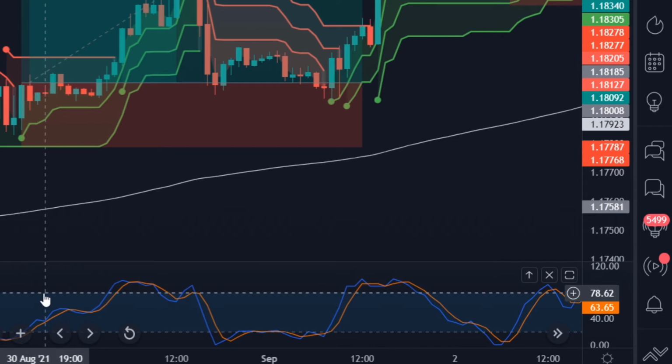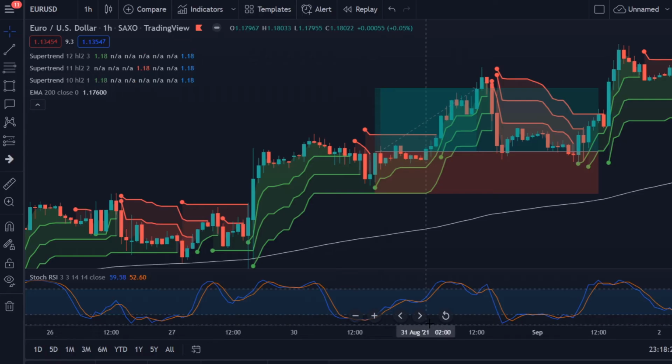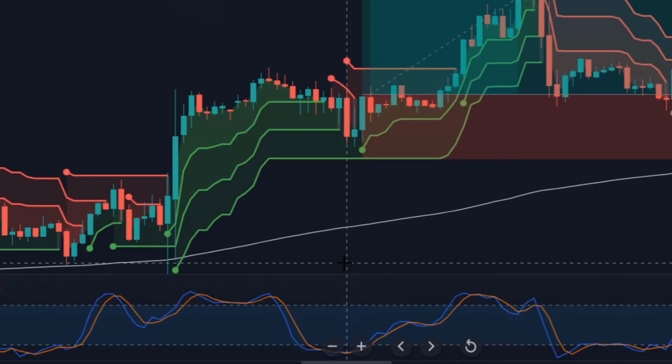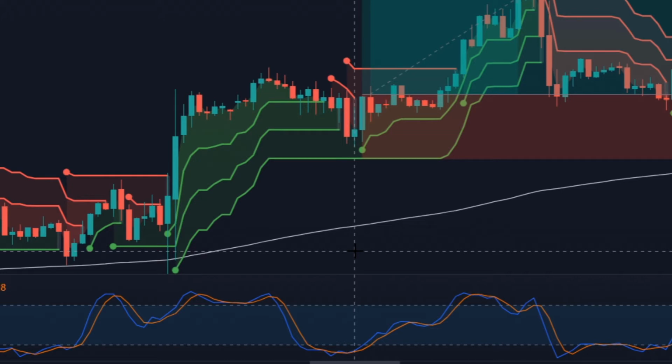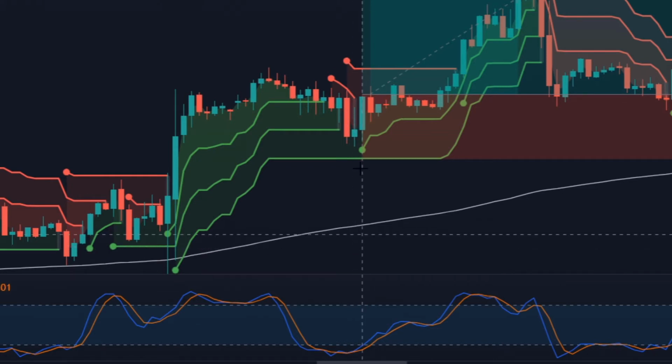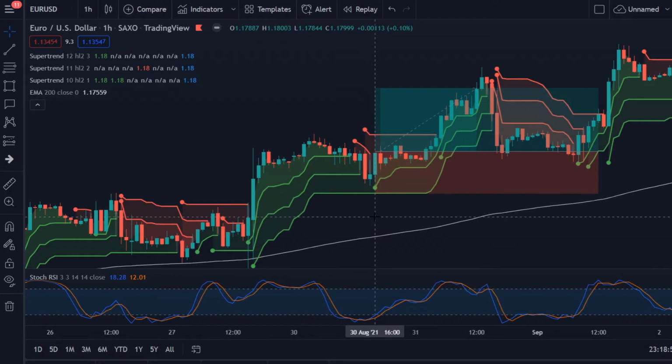The overbought zone is above the 80 level, but for a buy we are looking at the oversold zone. And then we need to look for a cross. So the blue line needs to cross the orange line, which is about here. Then we take a buy trade.